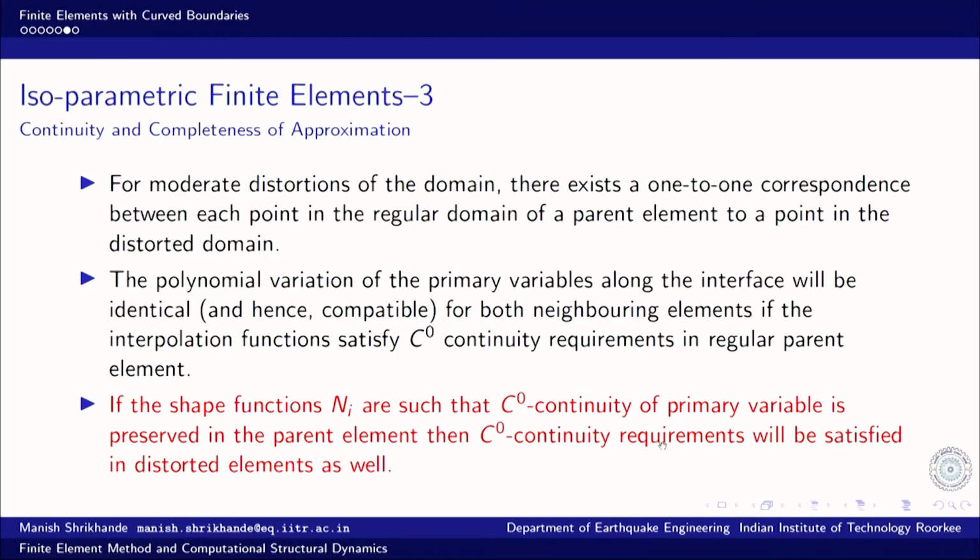So, this line may appear to be trivial, but this conclusion holds: if C0 continuity is preserved in the parent element, then C0 continuity will be satisfied in the distorted elements as well, provided the distortions are moderate and a one to one correspondence between the two domains exists.